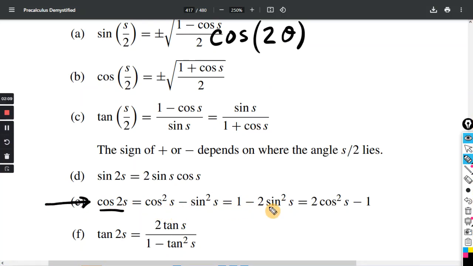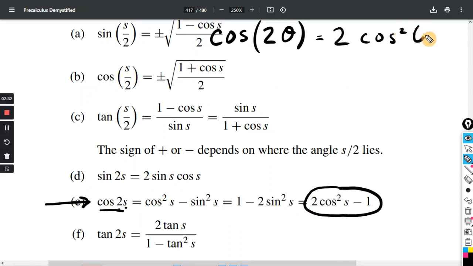There's a few different equalities here. I think this one would be the easiest. Their s is theta, so it's going to be 2 cosine squared of theta minus 1.